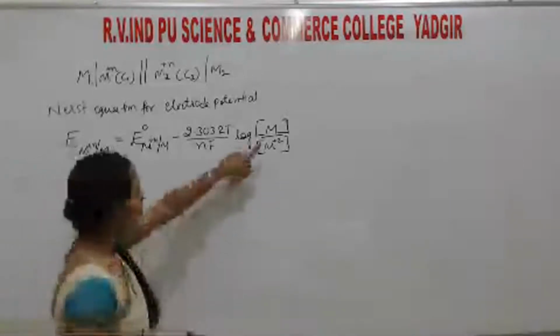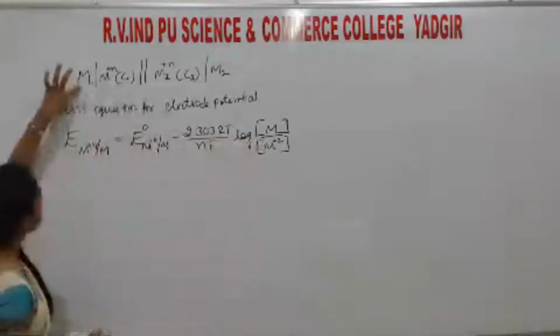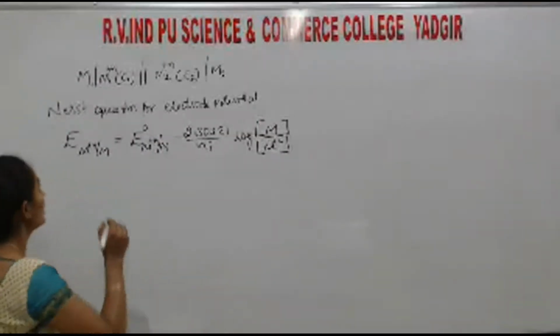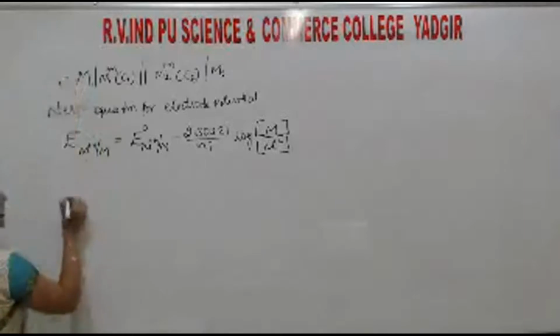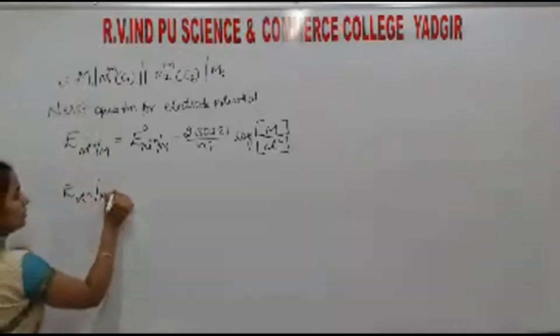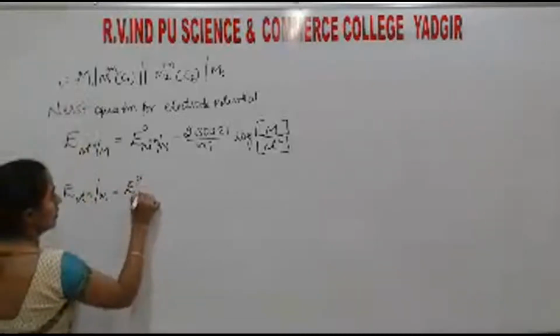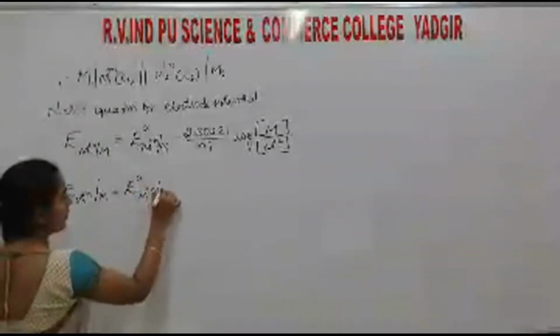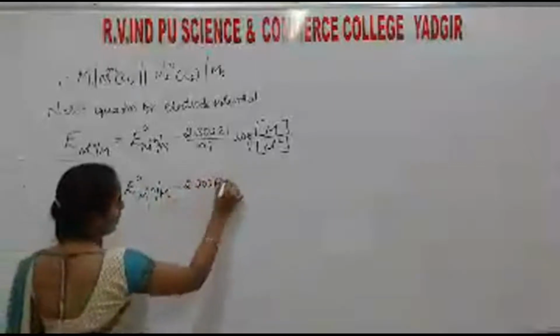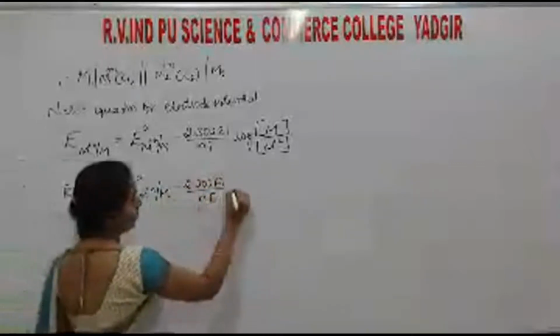So listen always students, the concentration of pure metal is taken as 1. Then the equation becomes E of M plus n over M is equal to E naught M plus n over M minus 2.303 RT divided by nF log.